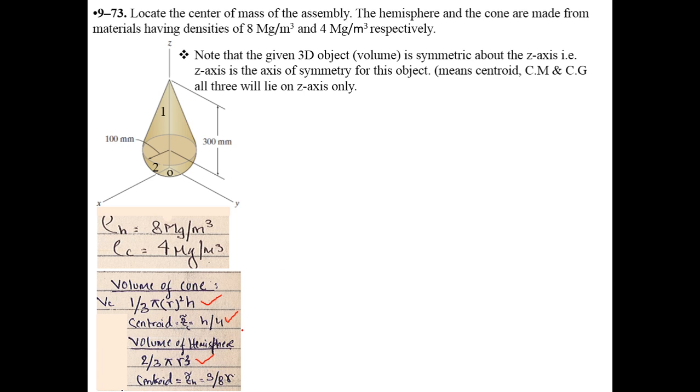Note that the centroid of the cone is measured from this point, and the centroid of the hemisphere is also measured from this red point. But this red point is not the origin. The origin is here, 100 millimeter below this red point, and we have to measure everything from this origin.